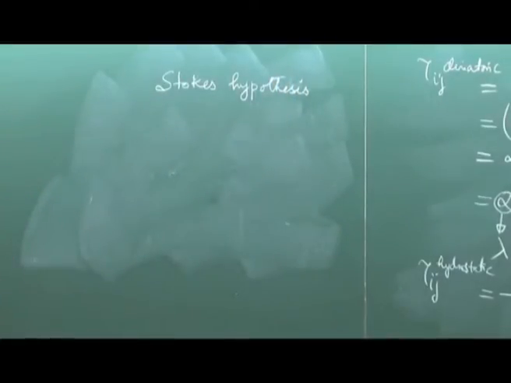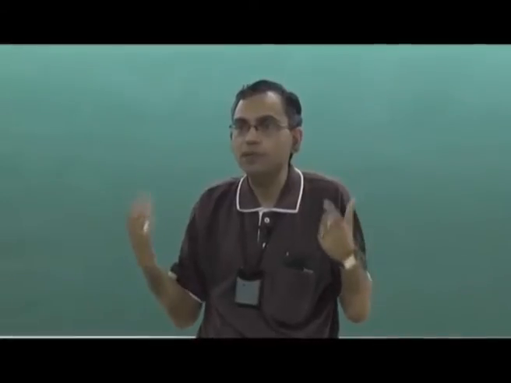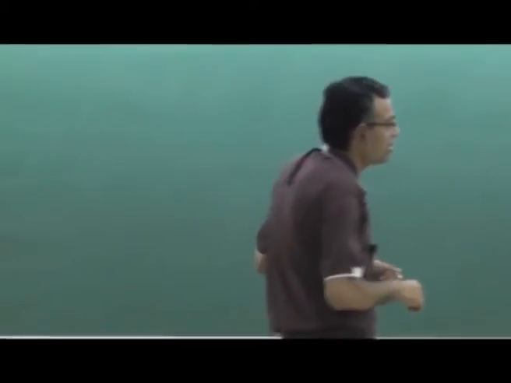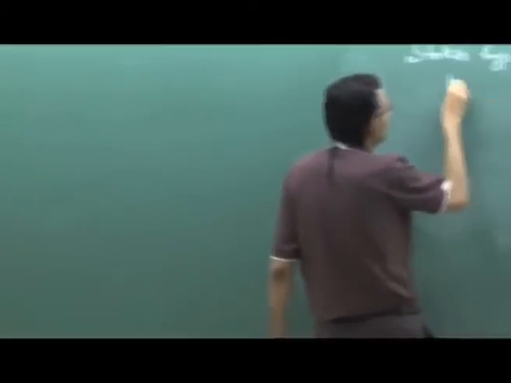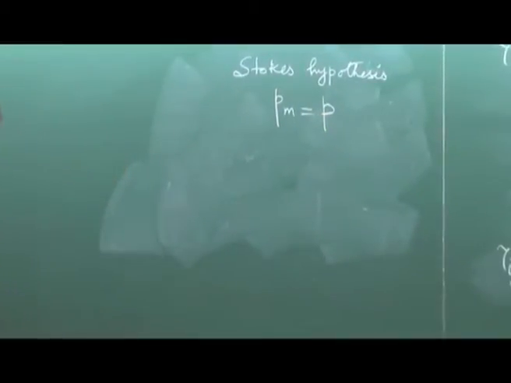So just like any hypothesis, this does not have a proof, but this is found to be satisfied for most of the practical fluids. What is that? The Stokes hypothesis is that the mechanical pressure is equal to thermodynamic pressure.